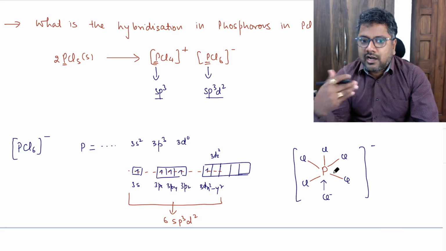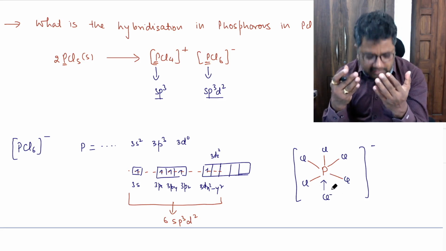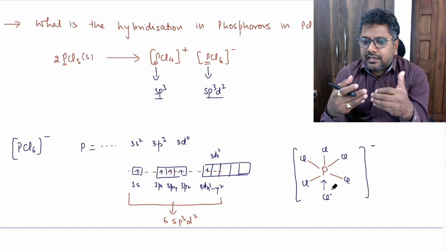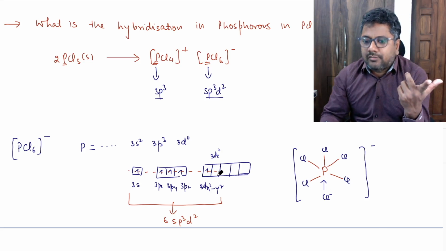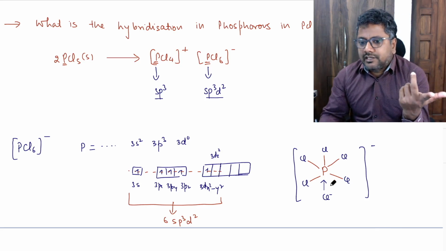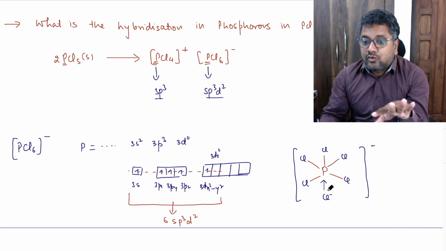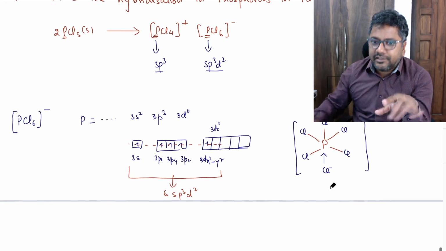So how can we explain this? Very simple: these two electrons are present in one of the atomic orbitals of chlorine, and that atomic orbital will fully overlap with this empty hybrid orbital, and this gives rise to the covalent bond. So there is overlapping. Don't think that there is no overlapping. There is overlapping, but this overlapping is something different.